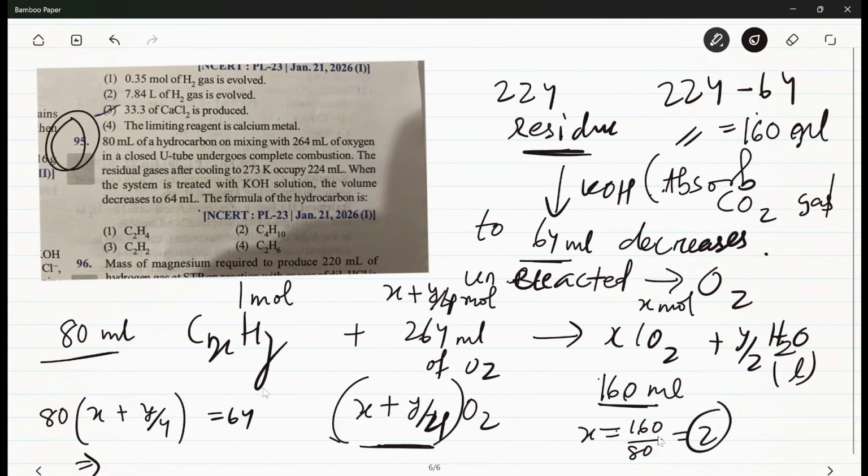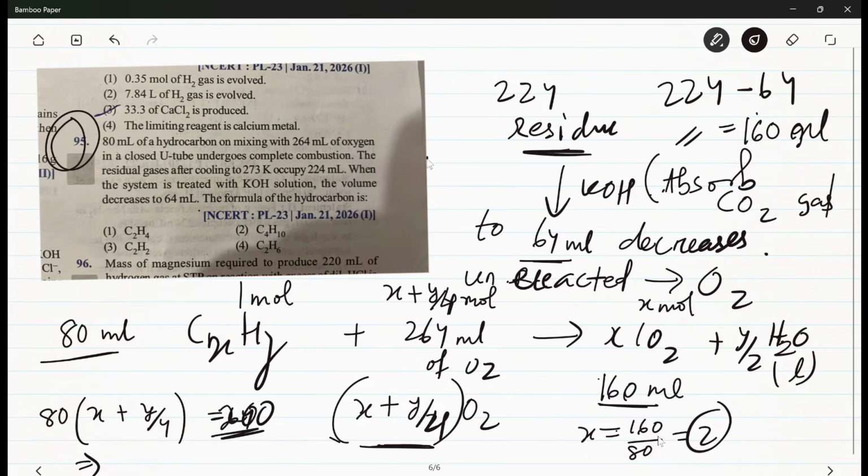Wait, we cannot equate like that. So you have to find out how much O2 will be consumed per each mole. Now here you can reverse the thing, and the moles of O2 consumed will be 200.